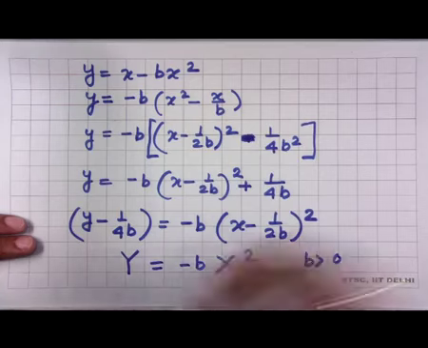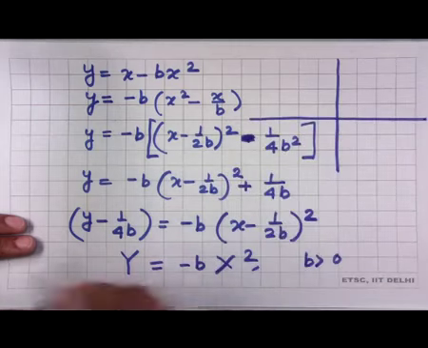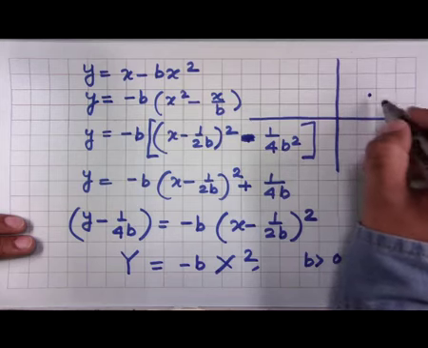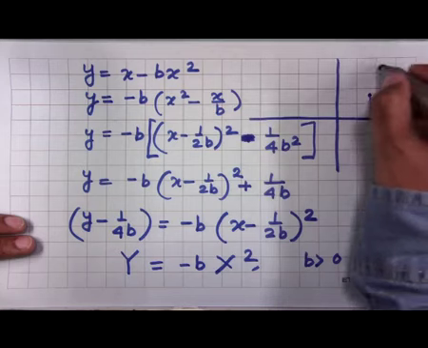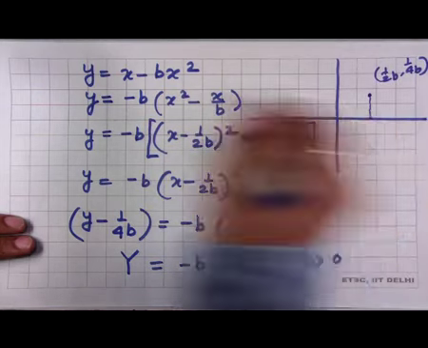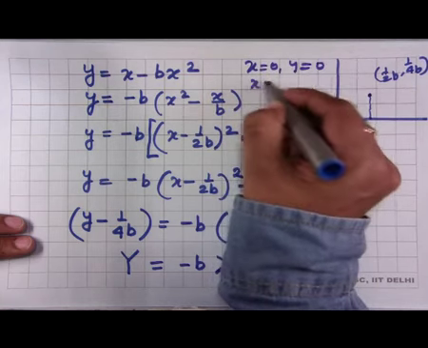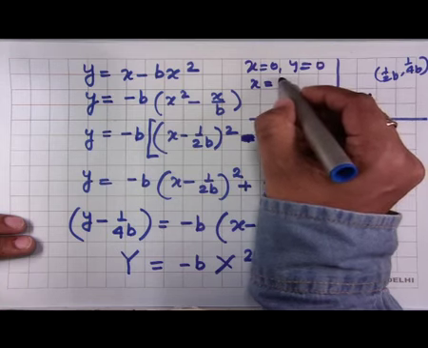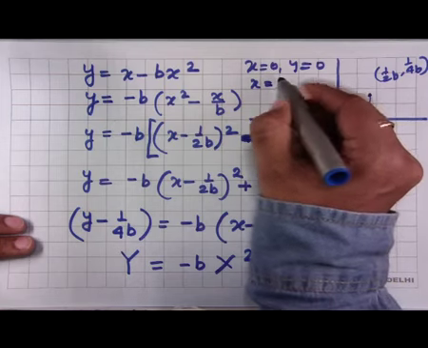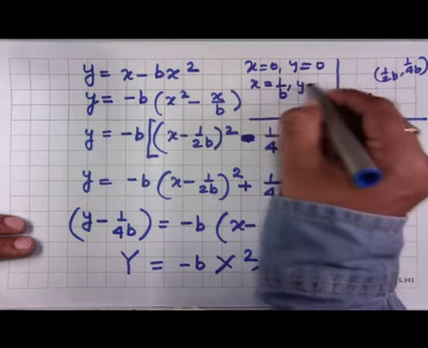So this parabola is inverted, whose vertex is at 1 by 2b comma 1 by 4b, and it passes through x equals 0, y equals 0, and x equals 1 by b, y is 0.